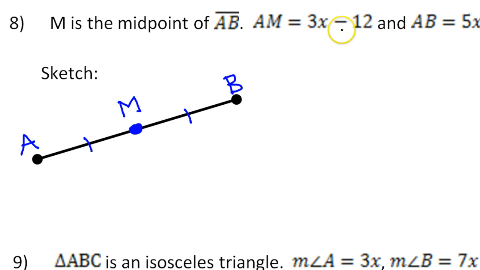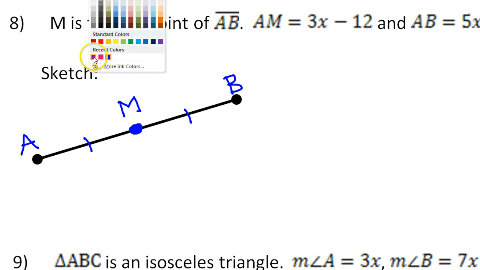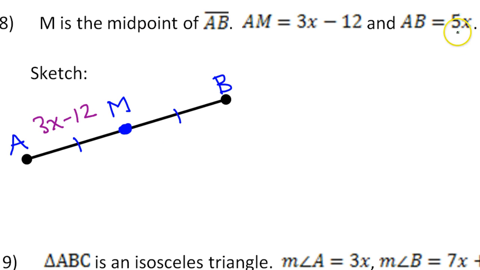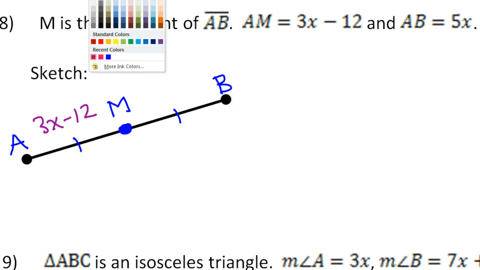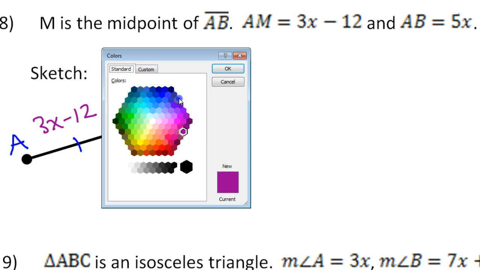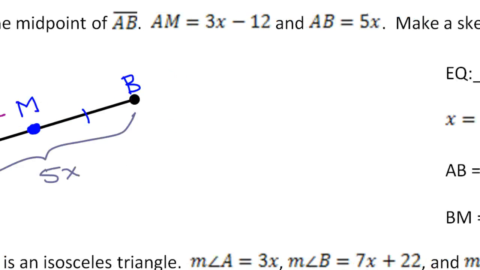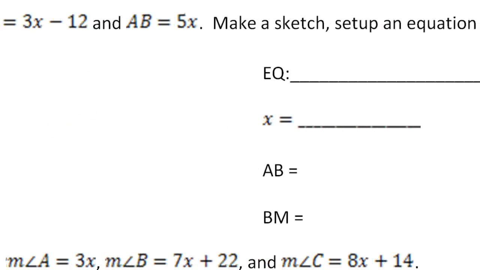Now AM is 3x minus 12. And AB is 5x. AB, 5x, that's the whole thing. So make a sketch, set up an equation, and solve.